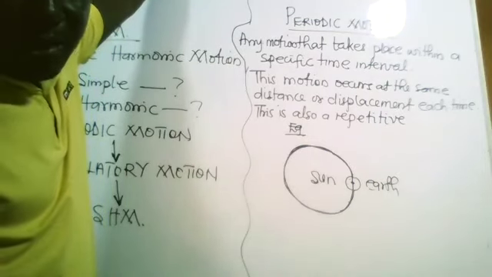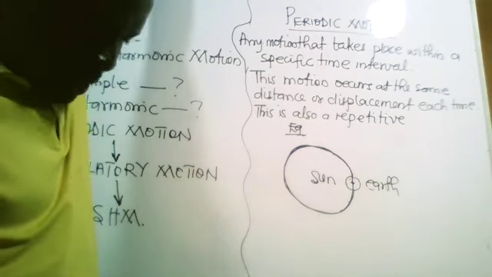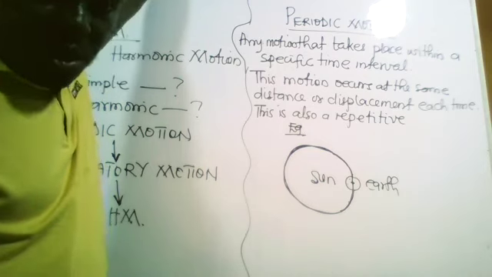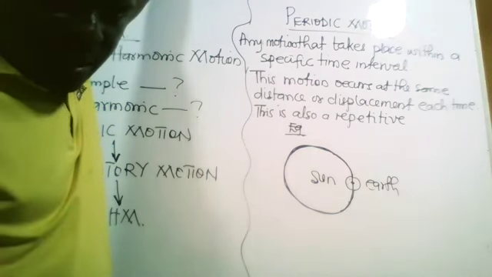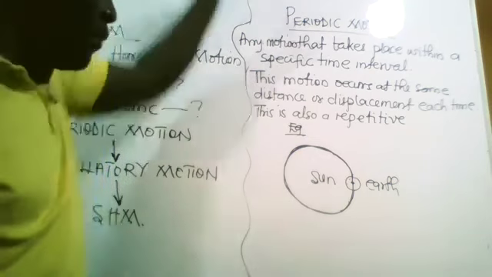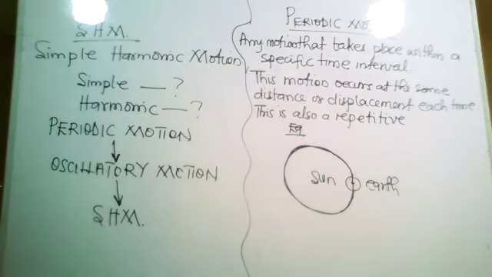Akusia. Okay. So these are examples of periodic motion. Any motion that takes place within a fixed time interval is periodic, and you have mentioned several examples. Okay.